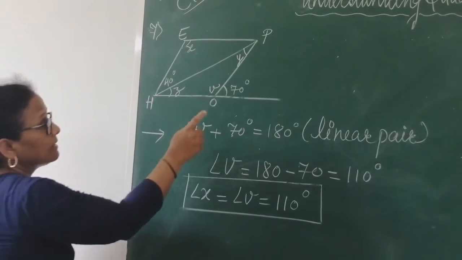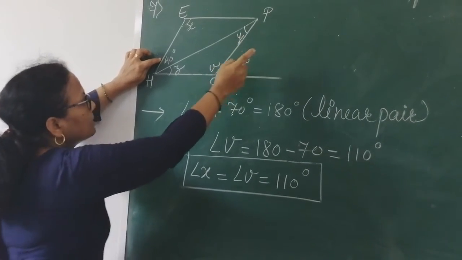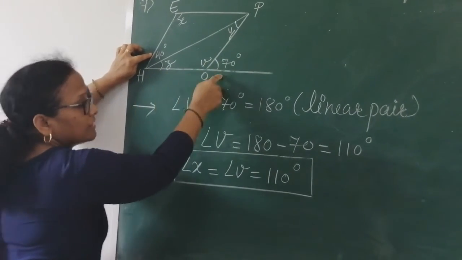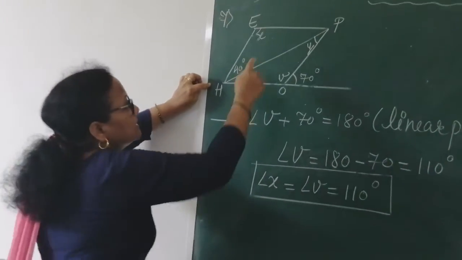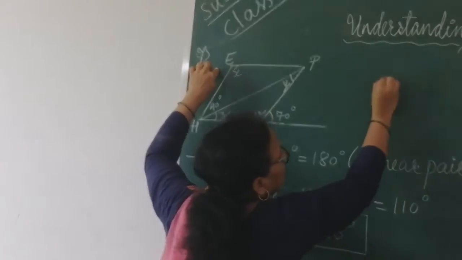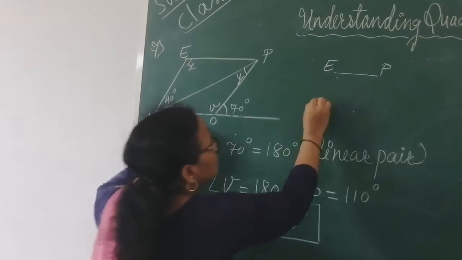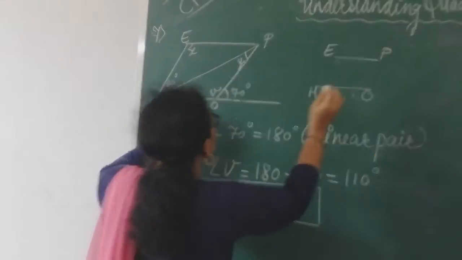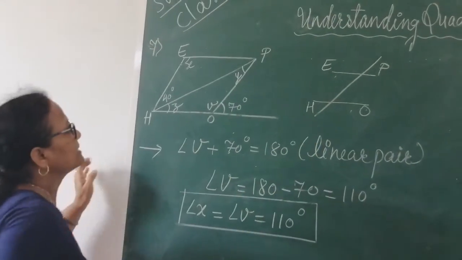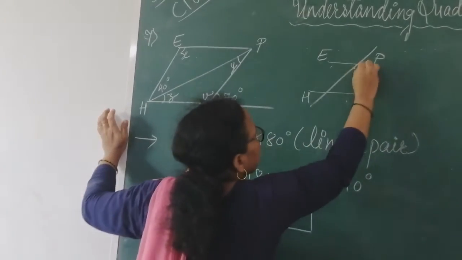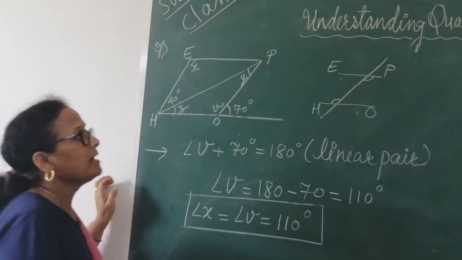Here, see, directly you can find out the value for this, or you can apply the rule for the adjacent angle. Both ways I have explained to you. See here, if we talk about this is EP, okay, and this is HO. Here, if we consider this diagonal as a transversal, that means this angle and this angle are equal to each other. Why?